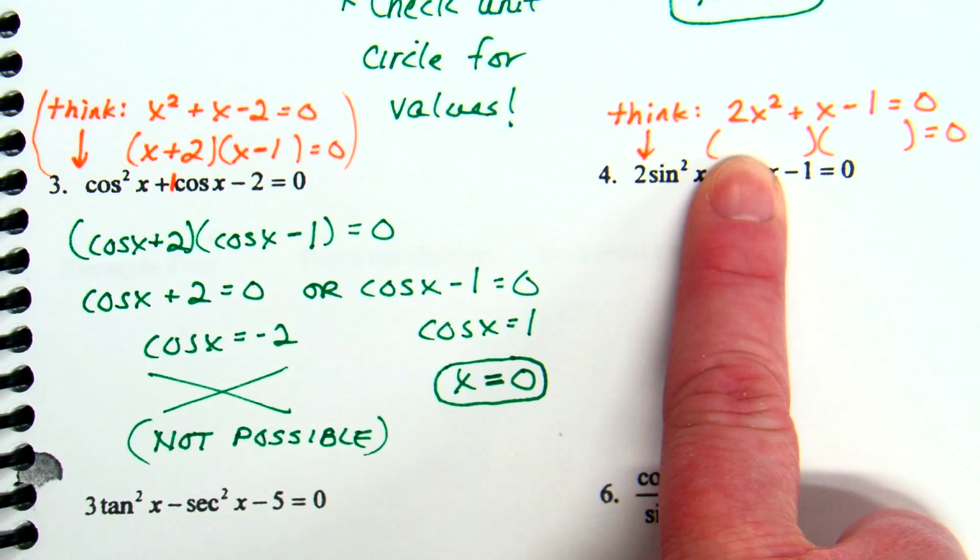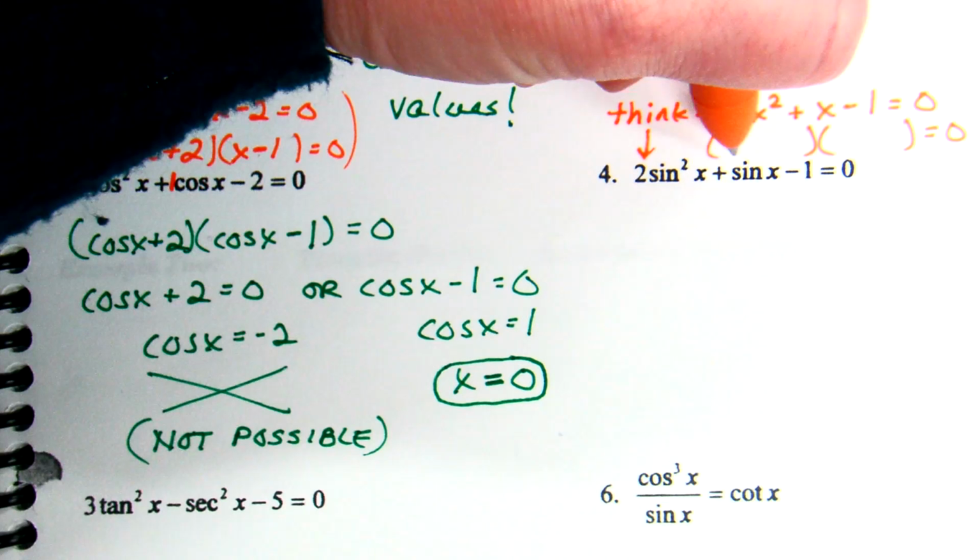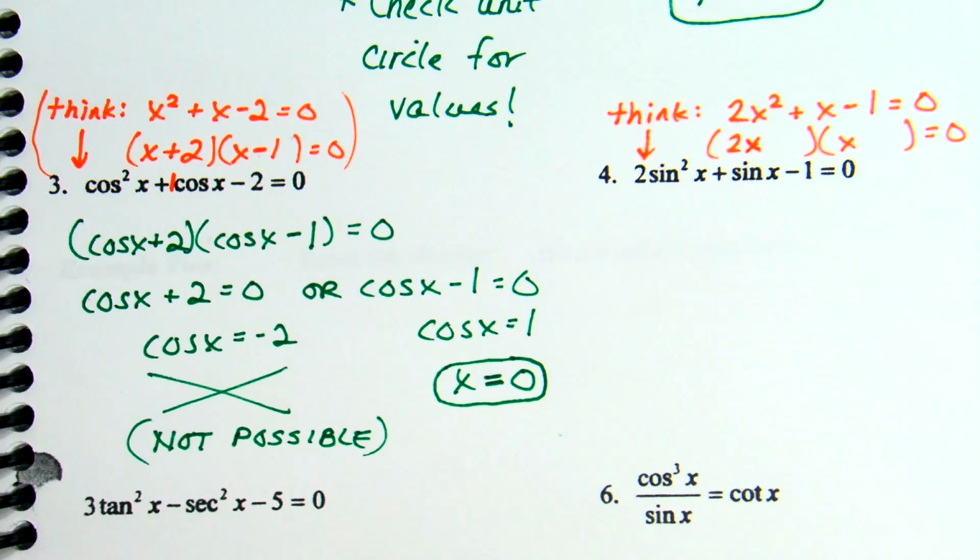What's 2 break into? 1 times 2, right? And so 2x squared is going to break into a 2x times an x. Yes? Right? In other words, normally x squared is 1x times 1x. 2x squared is going to have to be 2x times x. But there's no other options.